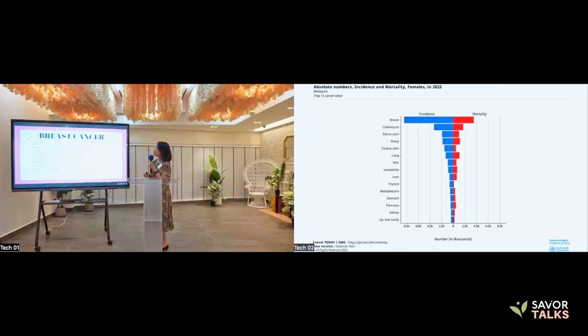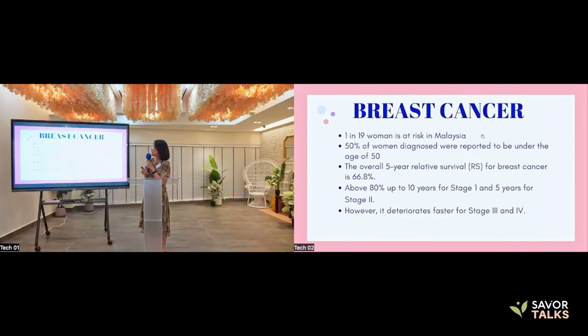Breast cancer in Malaysia: 1 in 19 women are at risk of getting breast cancer, and more than 50% of them are diagnosed before 50 years old.